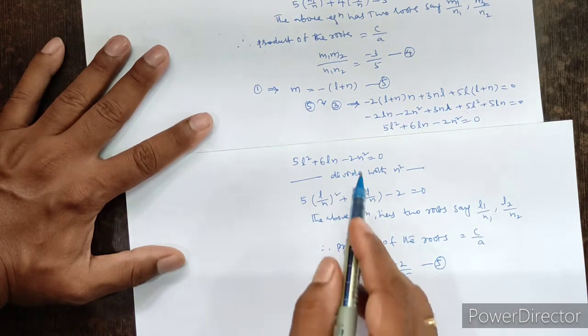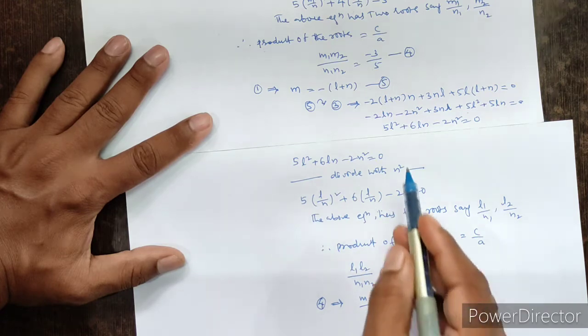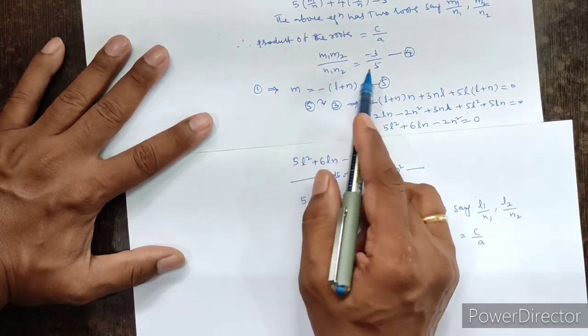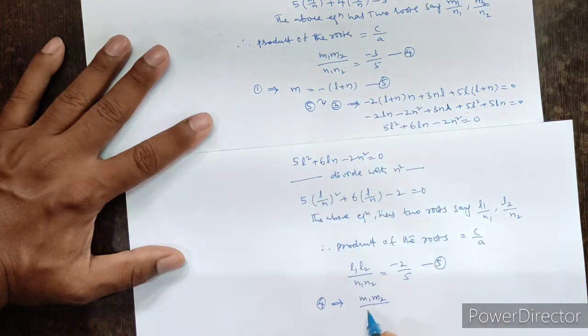Equation number 4 is m1 m2 by n1 n2 equal to minus 3 by 5. So this can be written as m1 m2 by minus 3 equal to n1 n2 by 5. Same with 5, it can be written as L1 L2 by minus 2 equal to n1 n2 by 5.